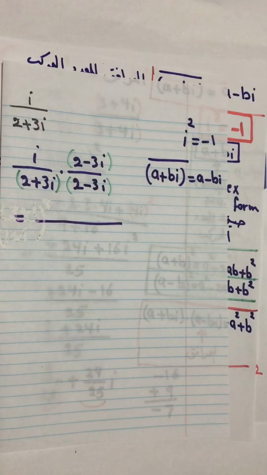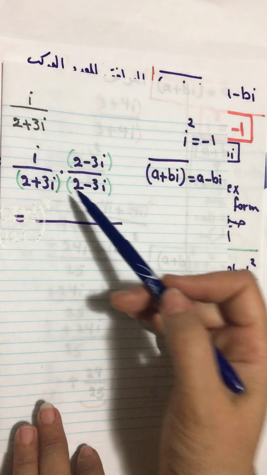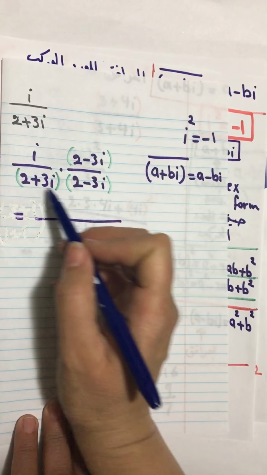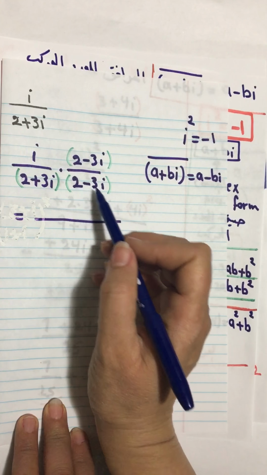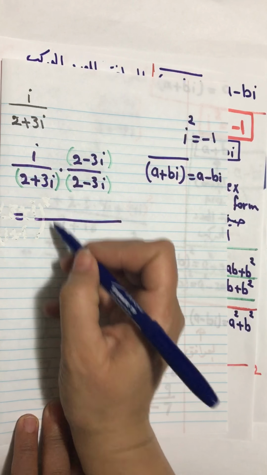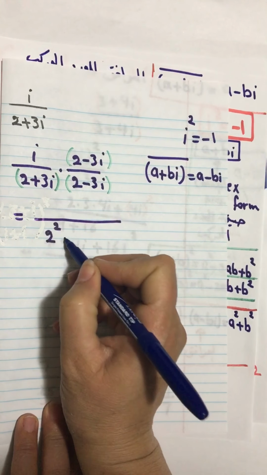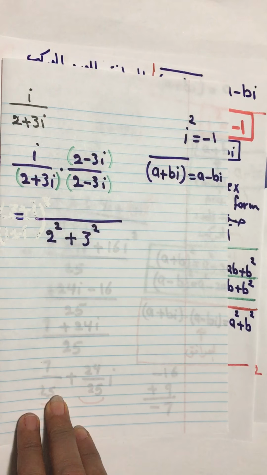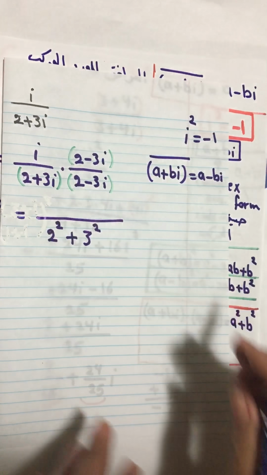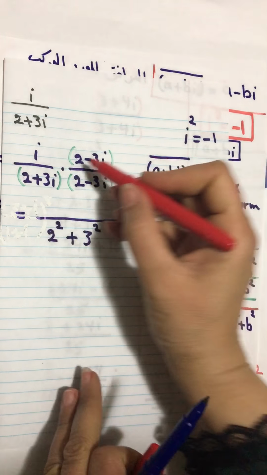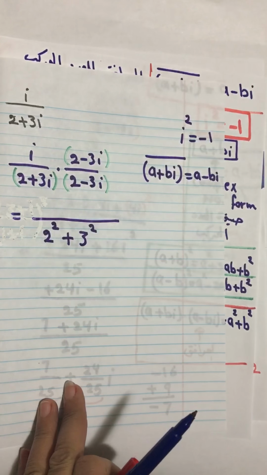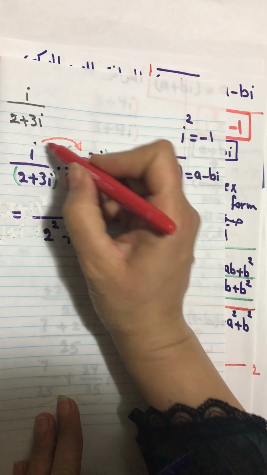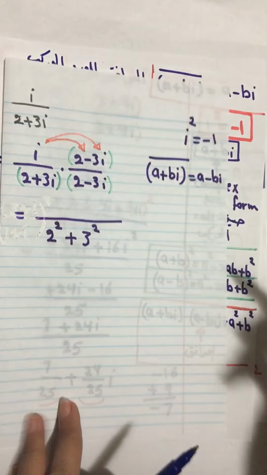That's very important to write down parentheses, to put it inside parentheses. This complex number and this is the conjugate. So the answer is going to be 2 square plus 3 square. And I'm going to multiply i by this parentheses, by each term.